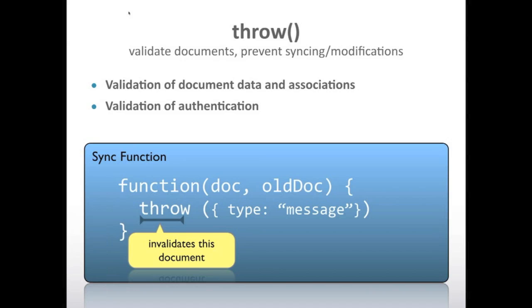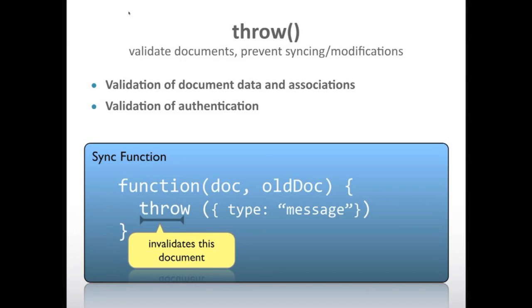And when a throw gets called, it invalidates this document, meaning no other sync calls within this sync function will be retained. So it basically invalidates this entire process for this document. So if a user has access but hasn't authenticated, for instance, then you can detect that and do a throw.